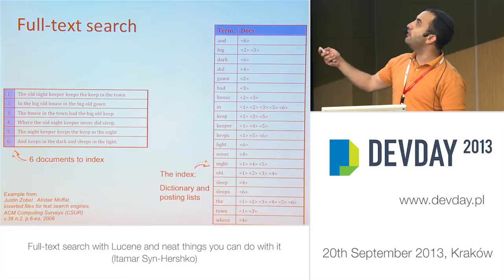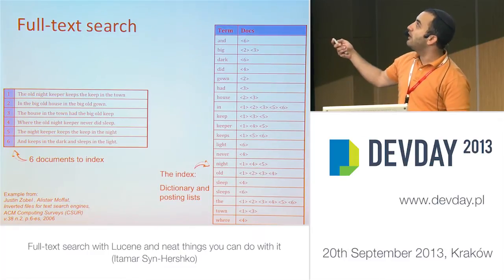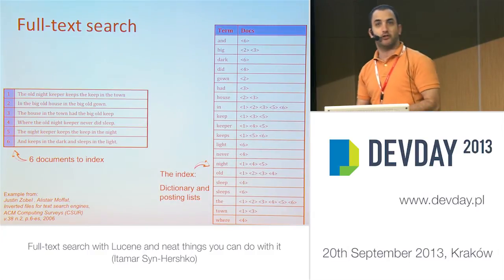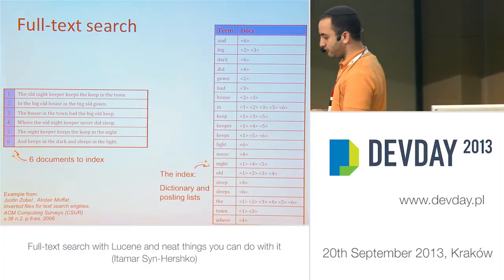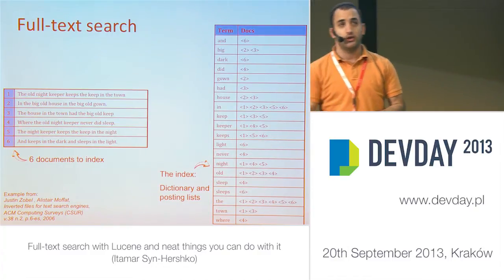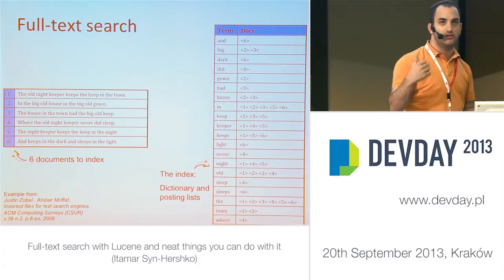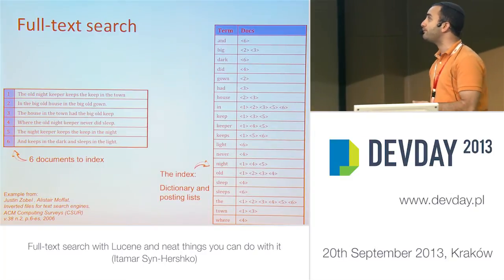I'm going through this sentence here. When I'm indexing the first document, I will break it up on the spaces, for example, or on punctuation marks. I will break it down into individual units, which will be called terms, instead of the entire thing as we saw before. Now each word is going to be considered a term.